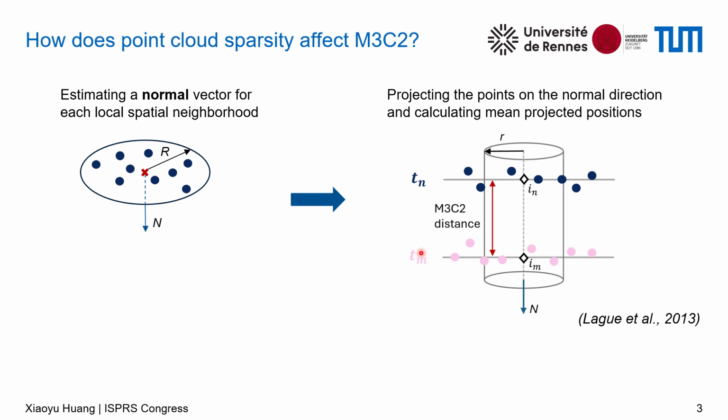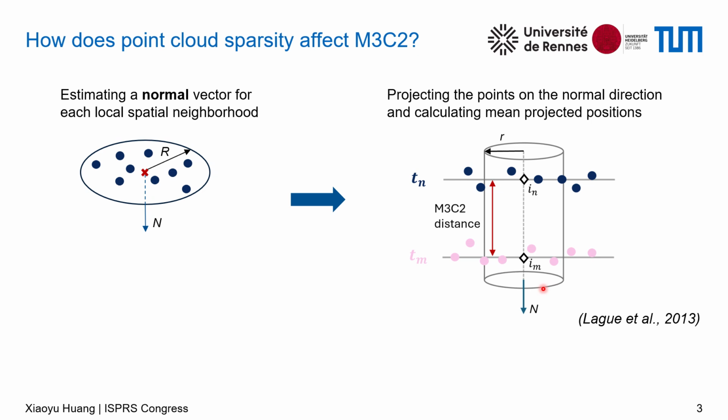On the next step, it projects the points within these spatial neighborhoods onto the axis of the normal vector. Then we get the mean distance of each epoch. The M3C2 distance is the distance between these two mean positions.